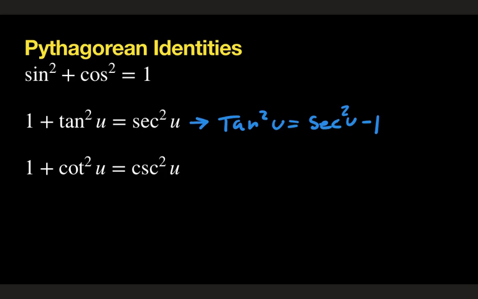You can also rewrite that third one as cotangent square u is equal to cosecant square u minus 1. So those are just the same identities that we already have, that we already figured out how to derive, but I'm just subtracting 1 from both sides and you get a different looking identity.